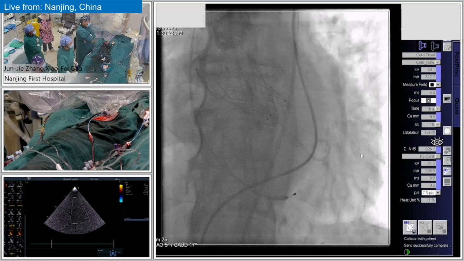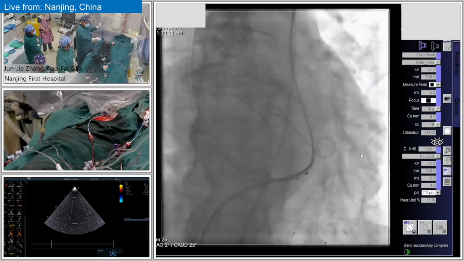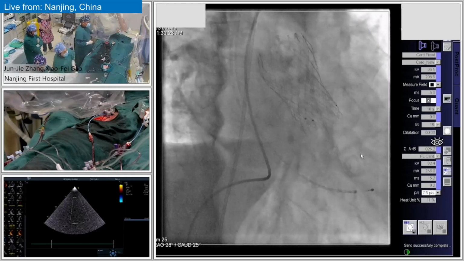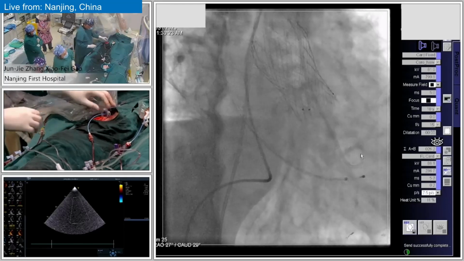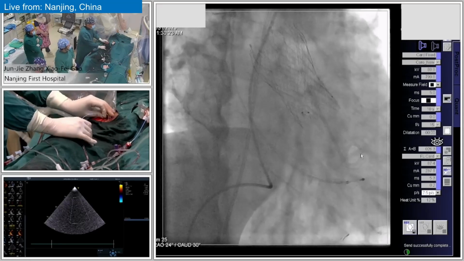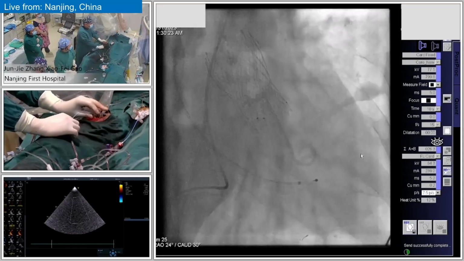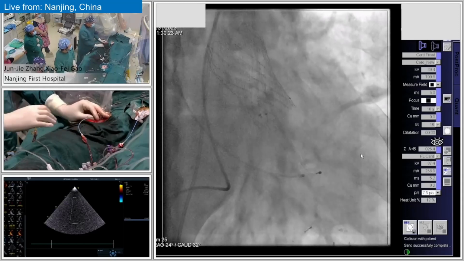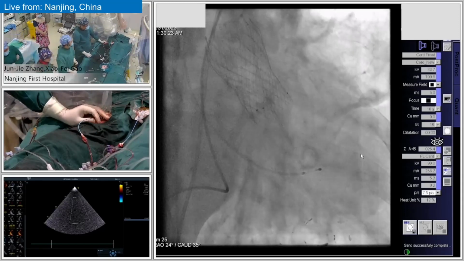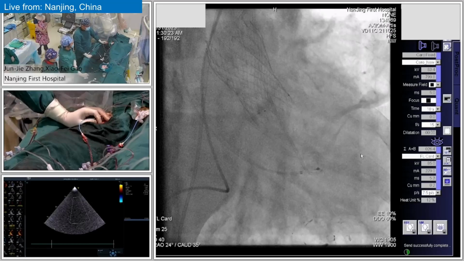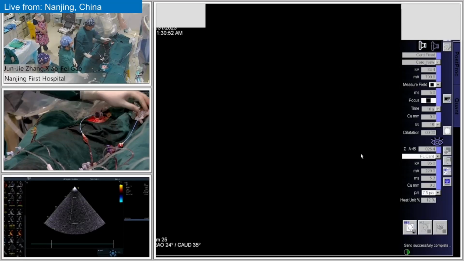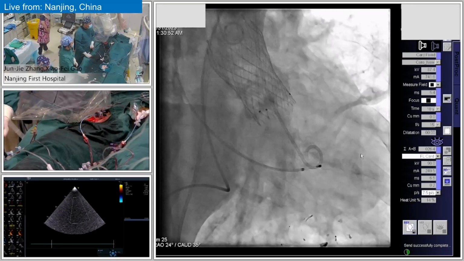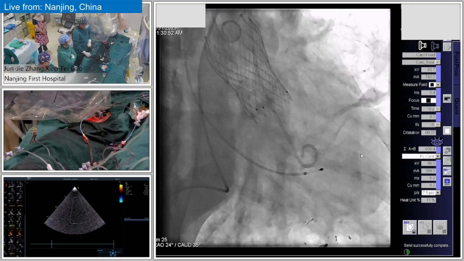Evaluate again. Okay, good. And the patient is already 87 years old. I think the result is good. What do you think?